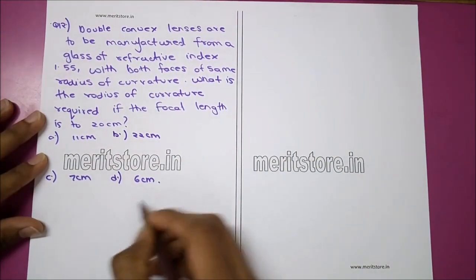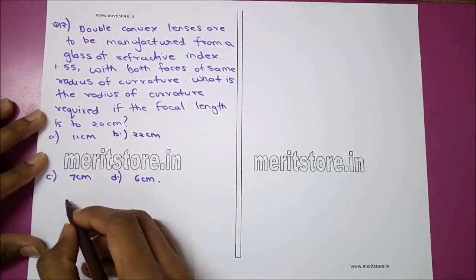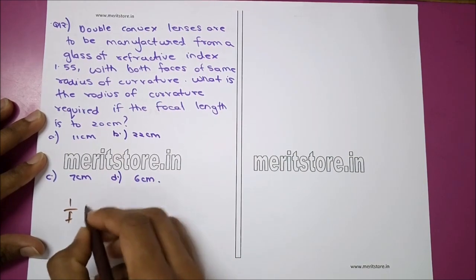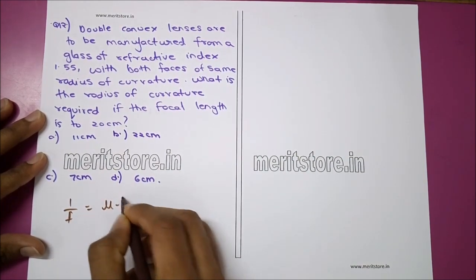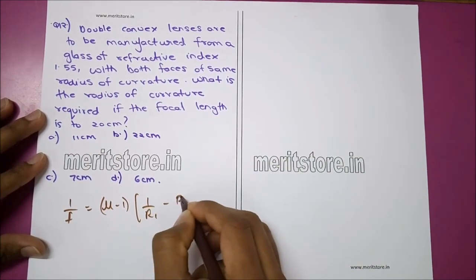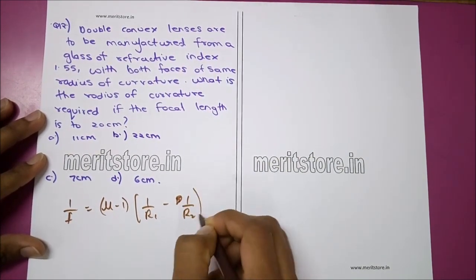Now, in order to solve this sum, let's use the lens maker's formula, that is 1 upon f, or 1 upon focal length, is equal to mu minus 1 times 1 upon r1 minus 1 upon r2.